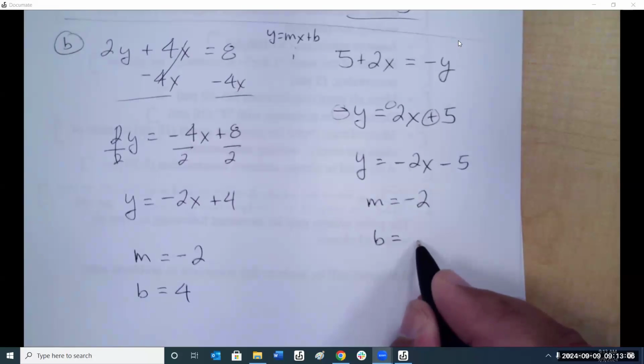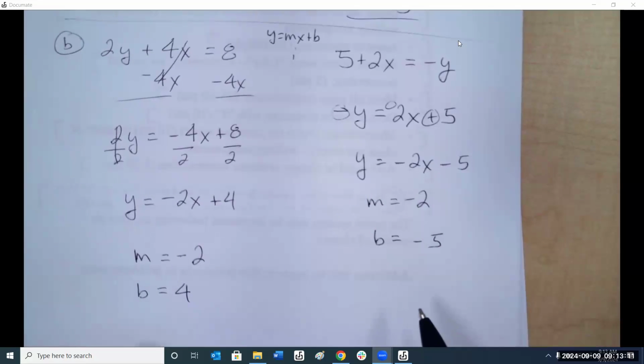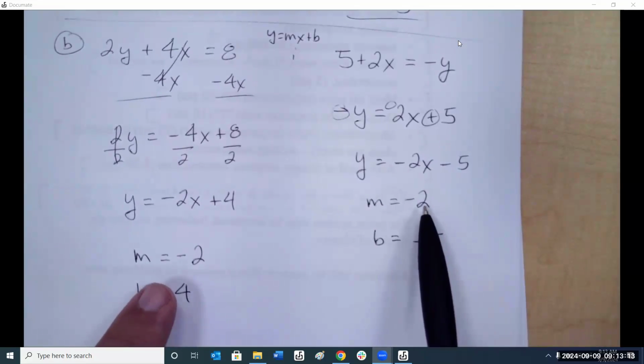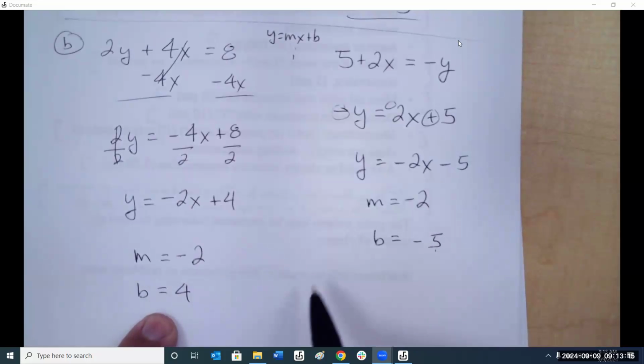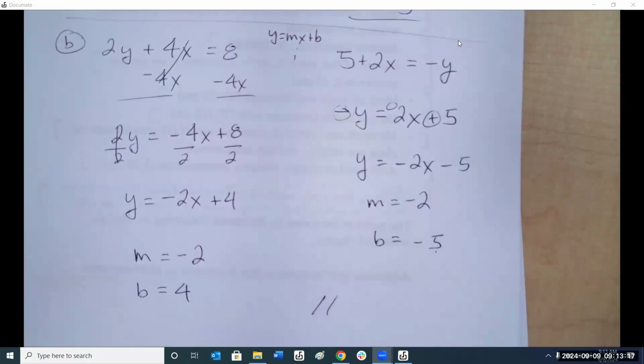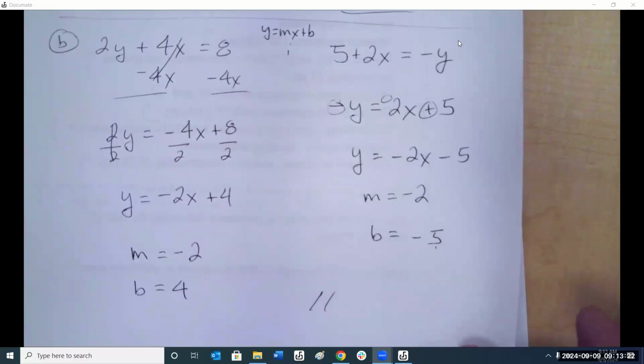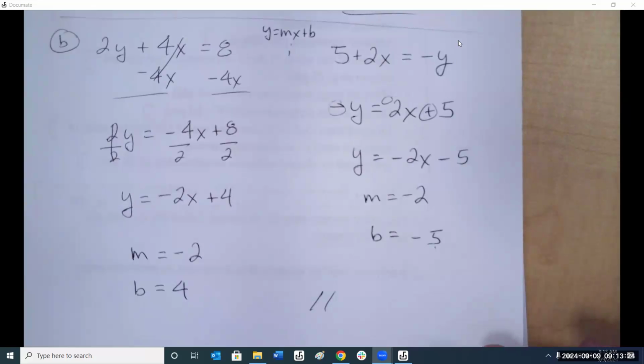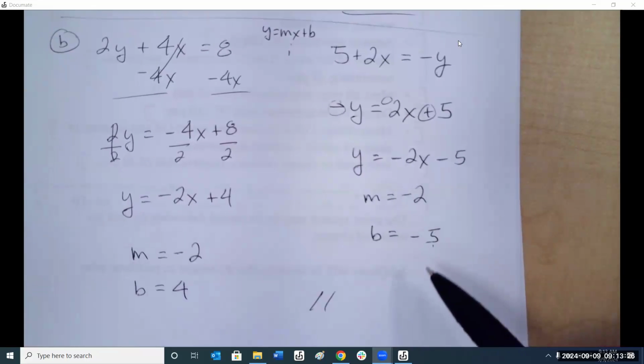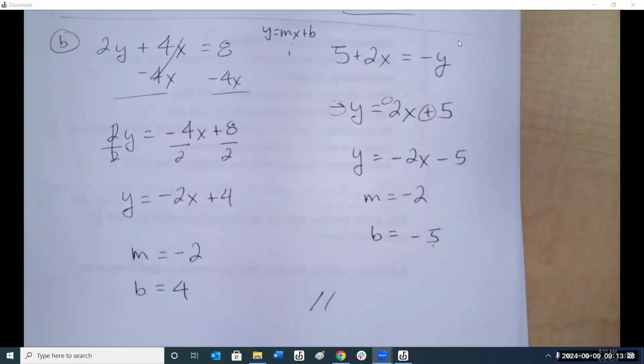And this one? Negative 5. Yes, since the slopes are the same and the y-intercepts are different, they're parallel. If they have the same everything, the same slope and the same y-intercept, they're the same line.